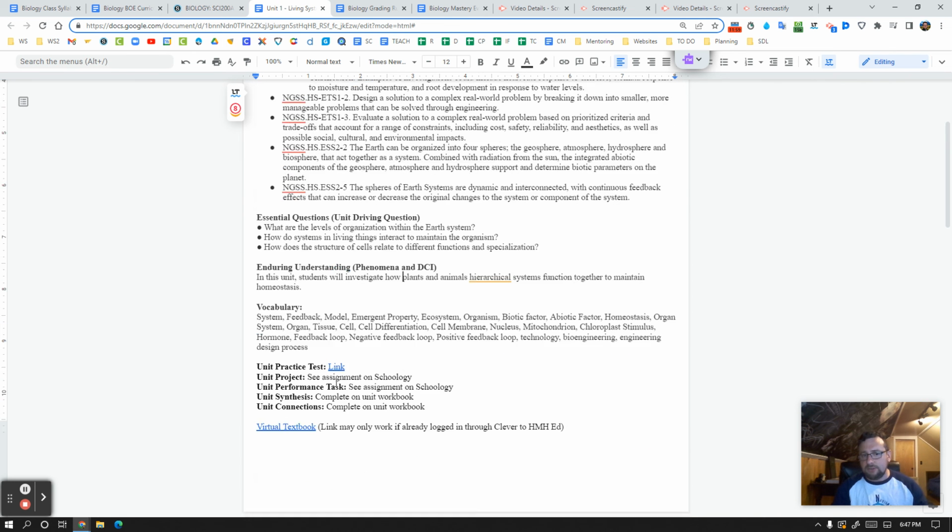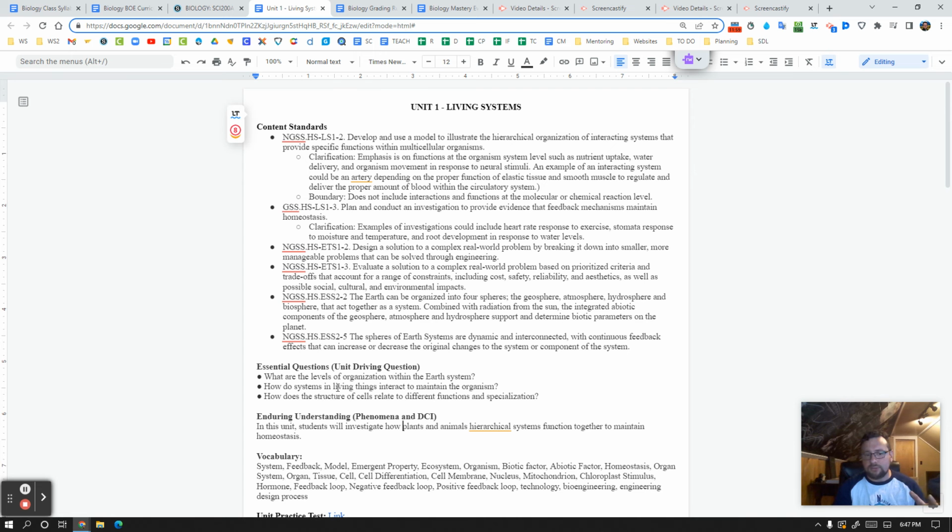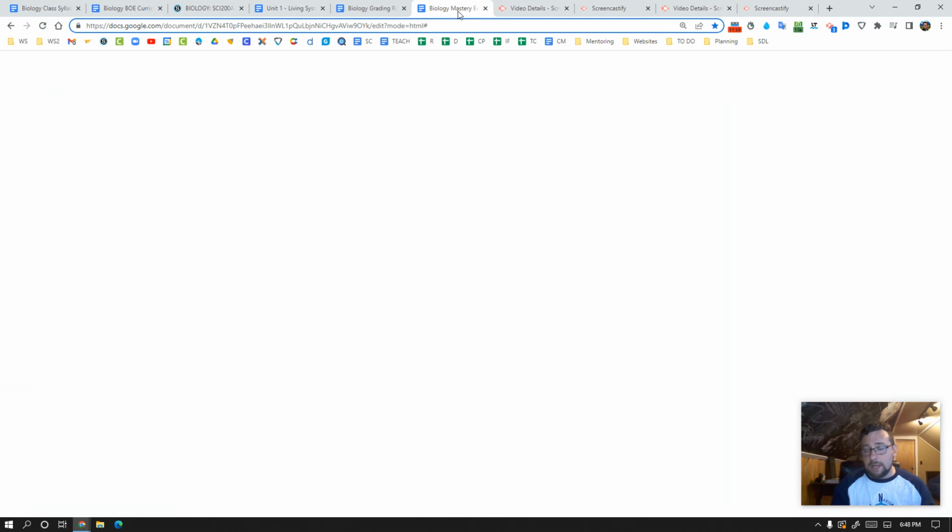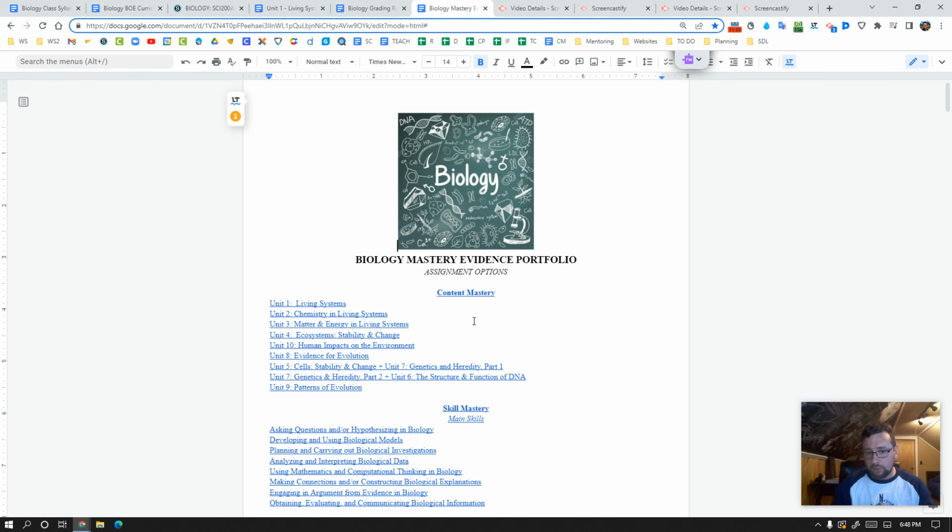But the first page lists the vocabulary, the enduring understanding, essential questions, and the standards that we hit each day that we're going to do in class. And in a course plan, which is a document that shows what we do each day in class, I actually break down what we're tackling each day. Which of these standards is the focus of that day, right? And in fact, if you go to your biology mastery evidence portfolio, you can see all the units of the year listed there.